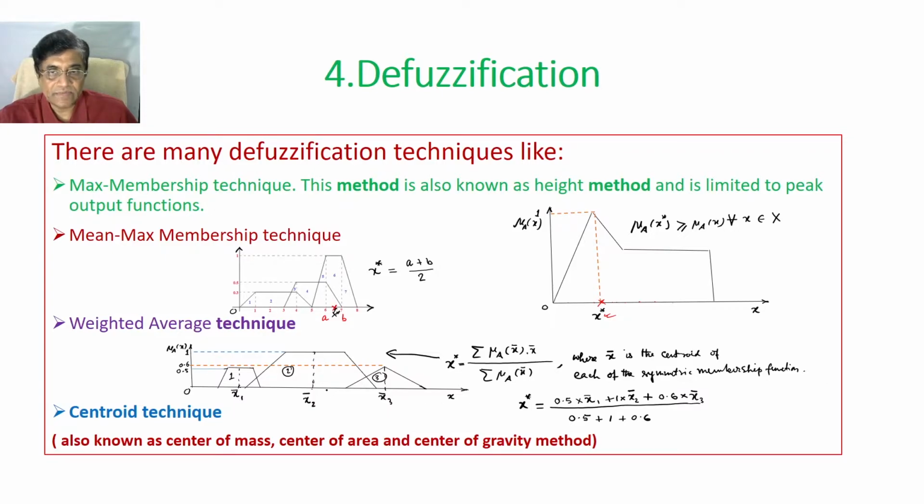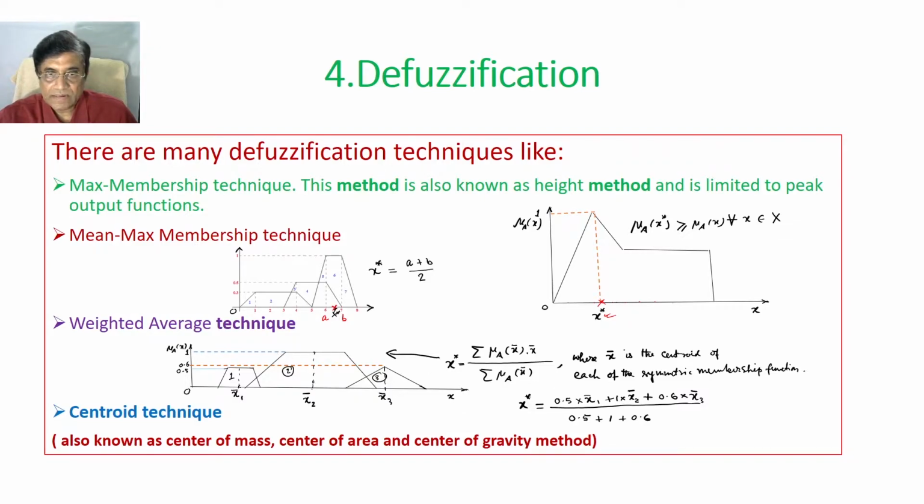Okay, so here you see this membership function. What is the maximum membership value? 0.5. Maximum membership value 0.5 times x1 bar, plus what is the maximum membership value of this membership function 2 covered by the area? It is 1.